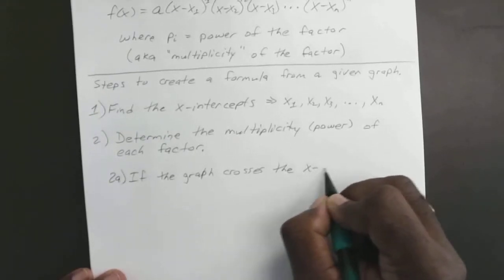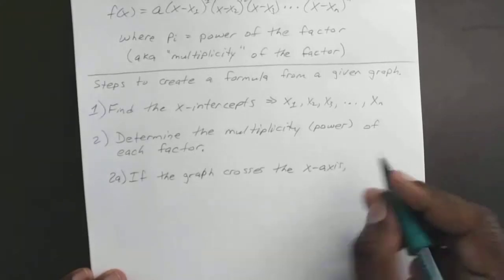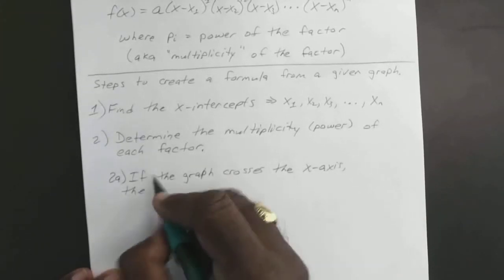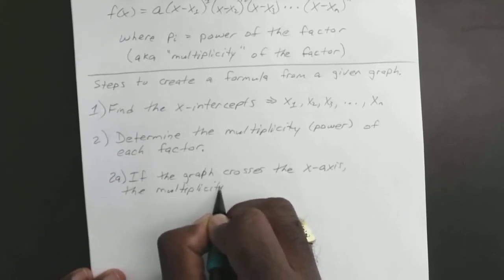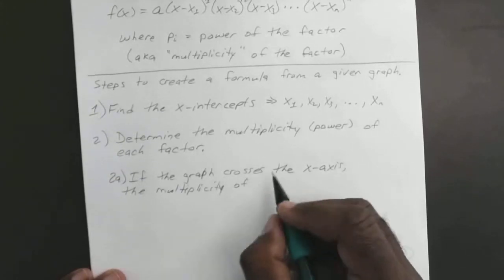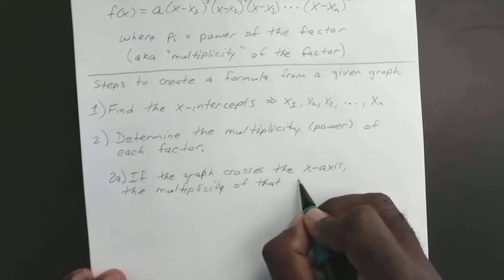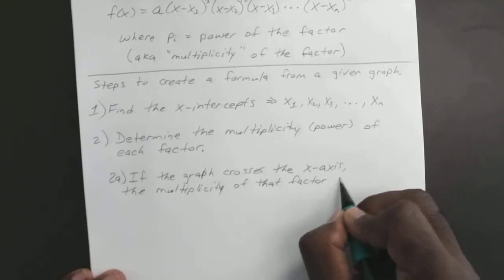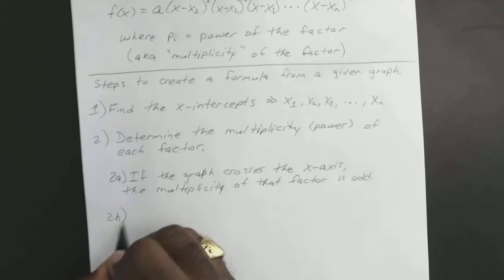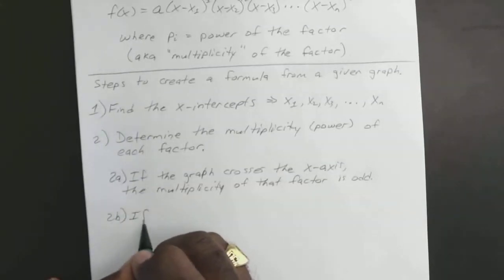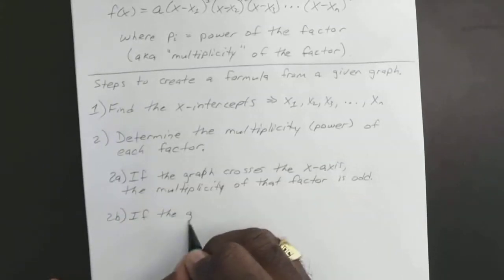So if the graph crosses the x-axis, the multiplicity of that factor is odd. Now, if it just barely touches or kind of bounces off, then you know it's going to be even.